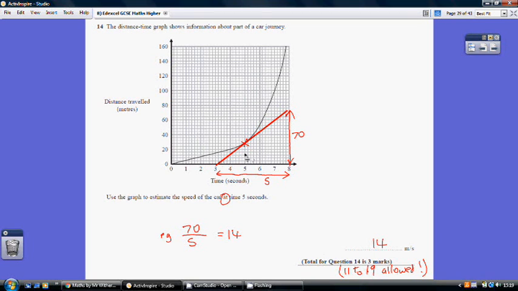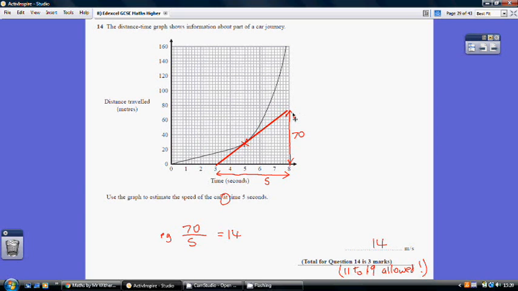So draw a tangent at 5, and if I were you, just be a bit smart. Make sure as you're popping your line in, you keep the triangle nice, sensible, exact length. So I've popped this line in here as a tangent at 5. Now I just need to work out the gradient of this tangent.